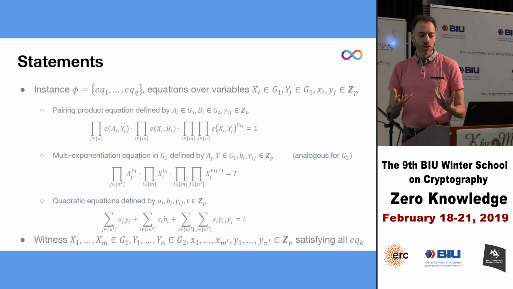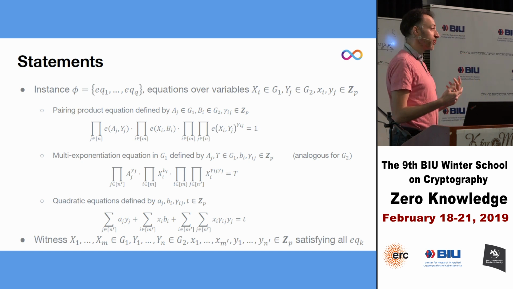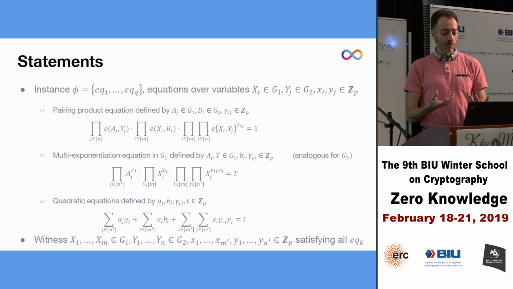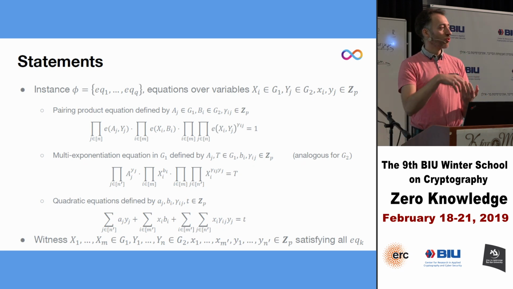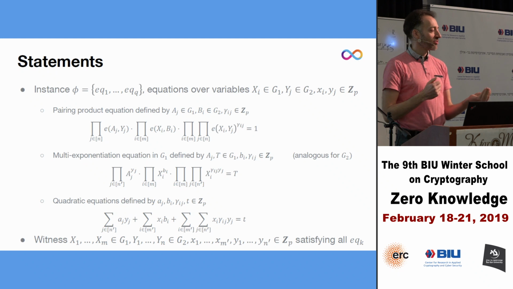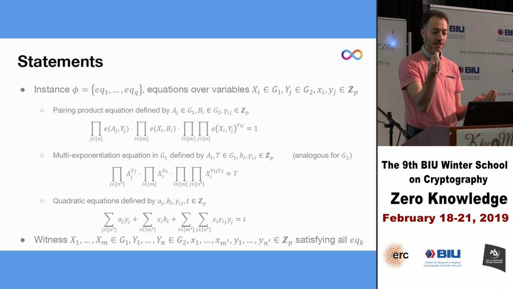You could also imagine creating equations resulting from exponentiations, right? So you could take known group elements and raise them to secret powers, the yj's, and secret group elements, the xi's, and raise them to known powers, bi.